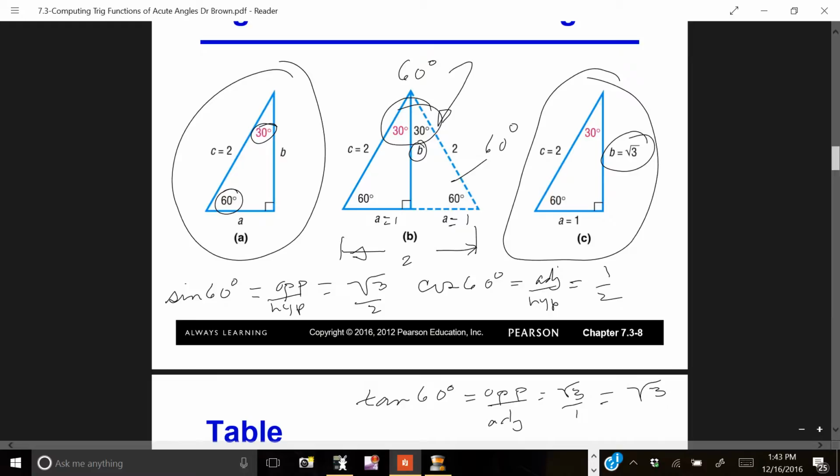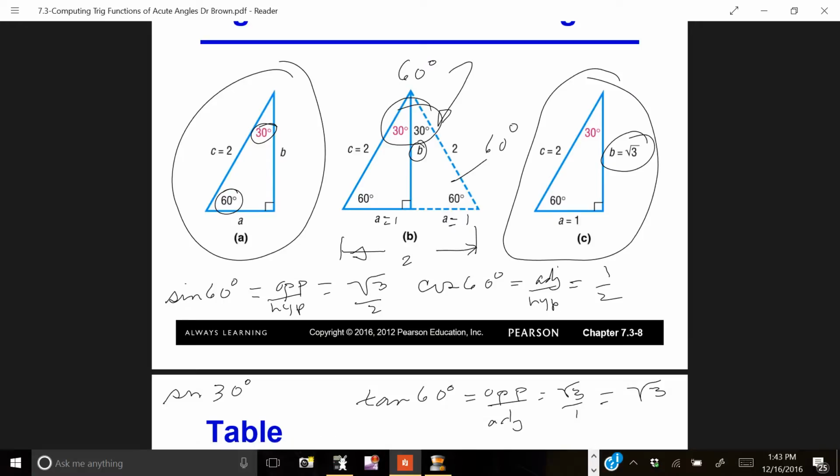And sine of 30 degrees, we could use all kinds of methods here. We could say that would be the cosine of 60 degrees, which is 1/2.